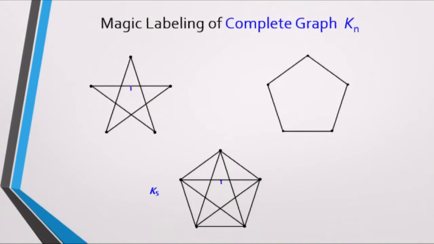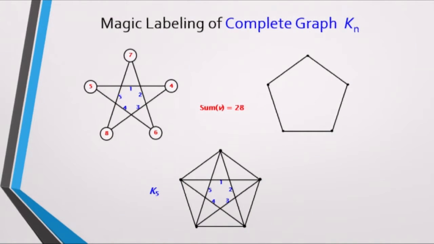What about K5? I wanted to show that if we impose these 2 graphs, we get K5 here. So if I label this one 1, 2, 3, 4, 5, the sum on the vertices is so far 4, 5, 6, 7, and 8.